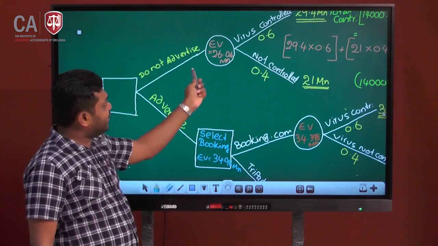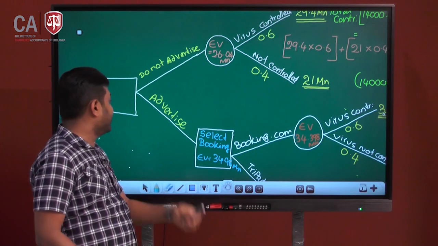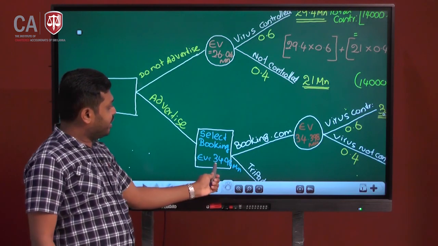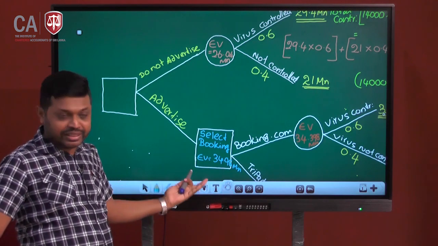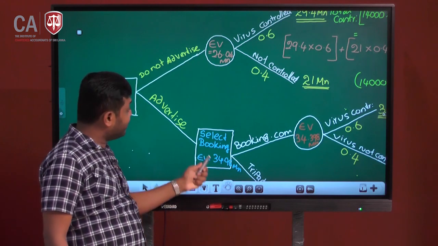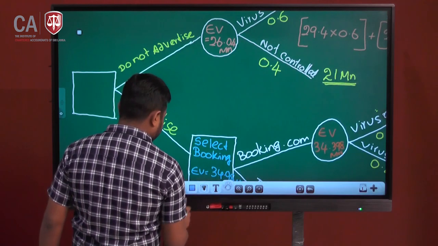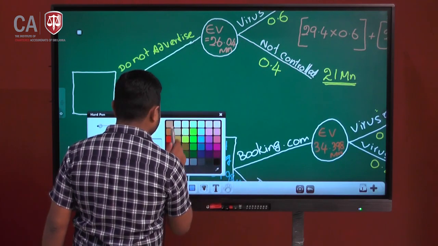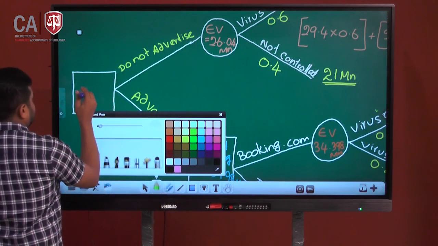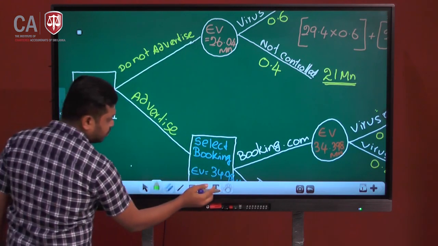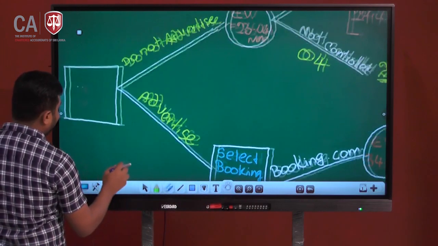If you do not advertise, the value will be 26.04. If you advertise through booking.com, you will get 34.98 million. The decision is very clear. The highest expected value is from advertising through booking.com.